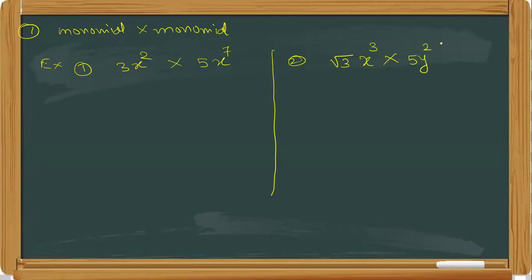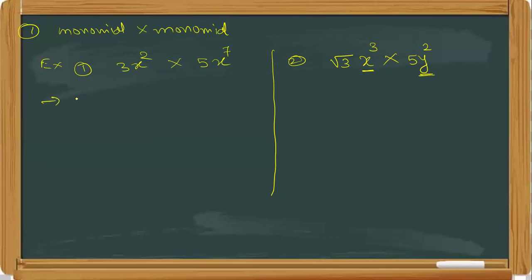Will it be okay? In the first monomial there is variable x and in the second the variable is y. Variables are different. Note this thing, you must know.